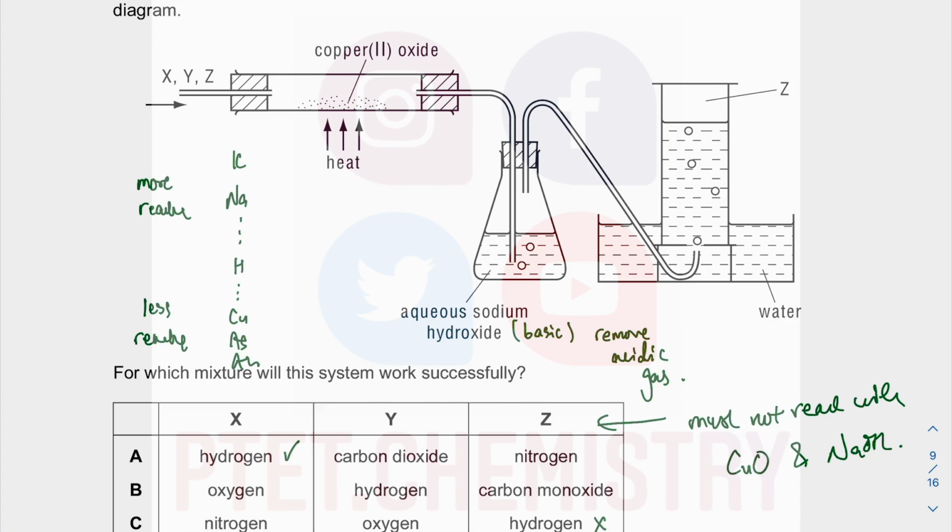So C cannot be the answer. Carbon monoxide wouldn't work because carbon monoxide is also a reducing agent, so that can potentially reduce the copper 2 as well. That wouldn't work.